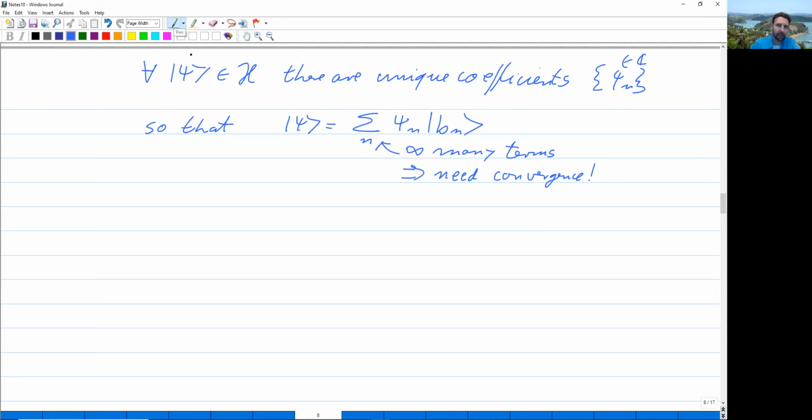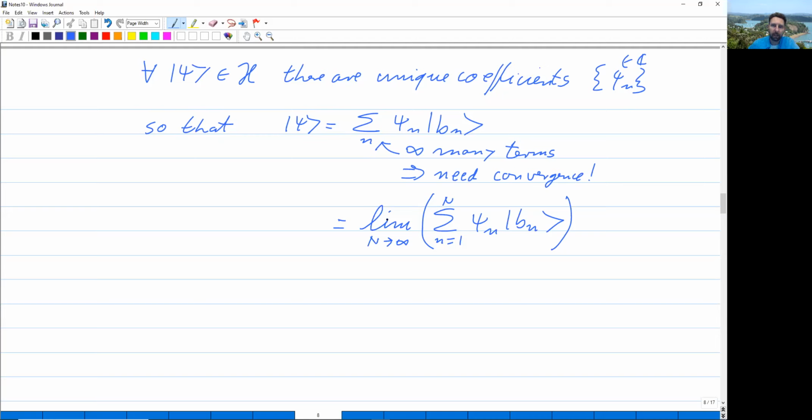Namely, just to spell it out completely, this is equal to the limit for capital N going to infinity of the sum over n equal to 1 to capital N of psi n Bn, right? See, this expression here is just a vector. There is nothing non-trivial about it. It's just a linear combination of vectors.